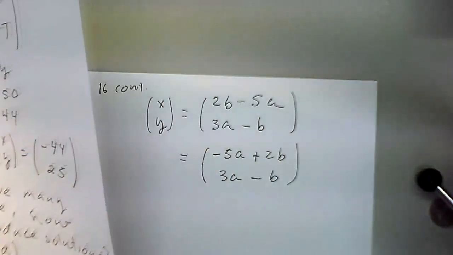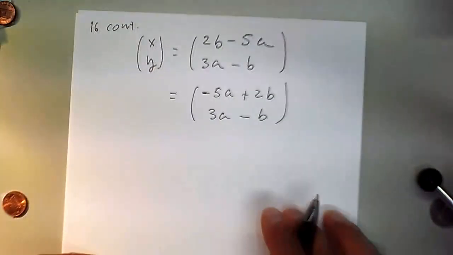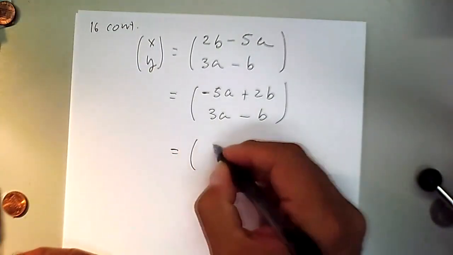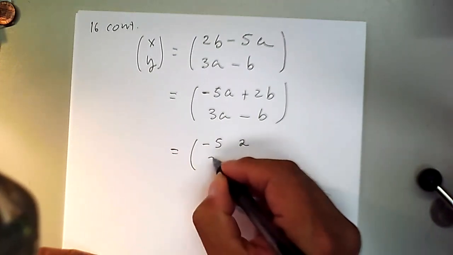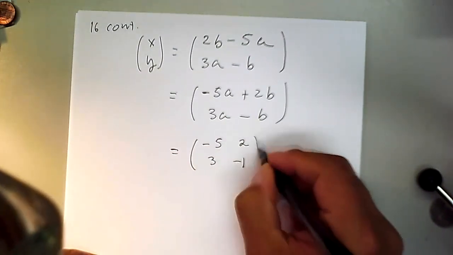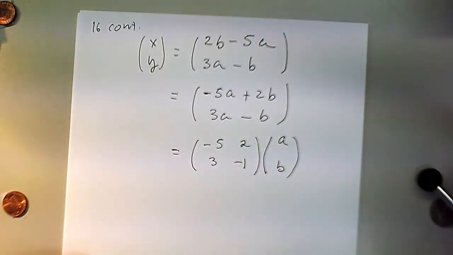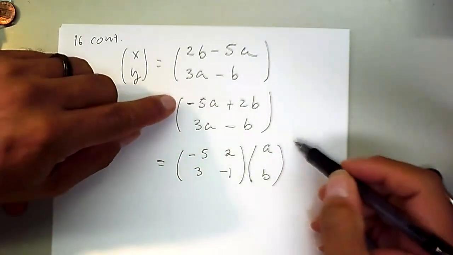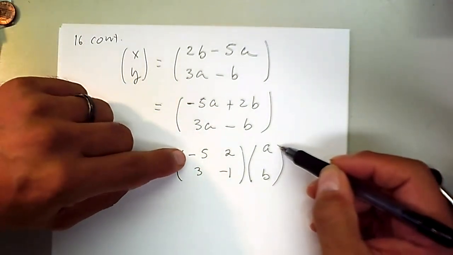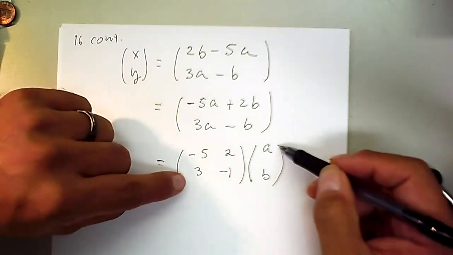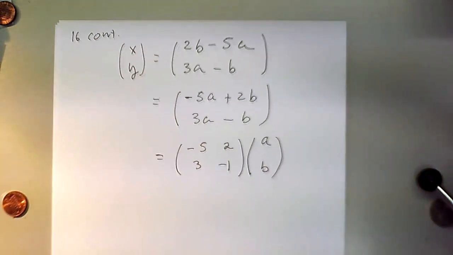And the reason for that is because we can rewrite this as the matrix negative 5, 2, 3, negative 1 multiplied with a, b. All right, so let's just make sure: negative 5a plus 2b, 3a minus b. Sure enough.